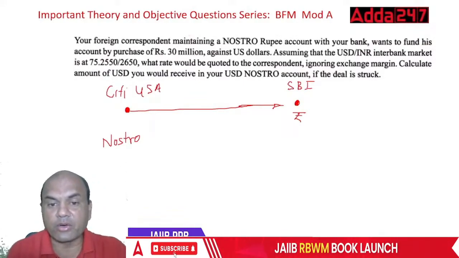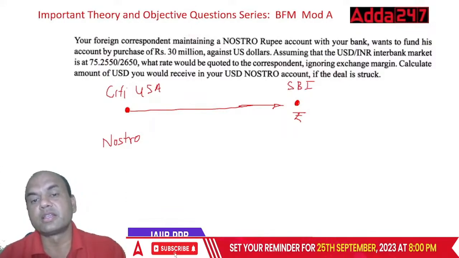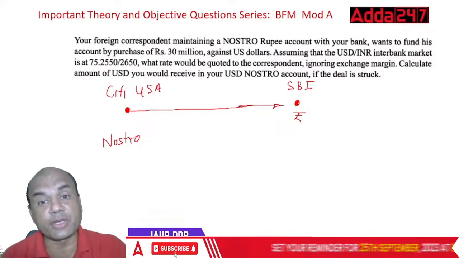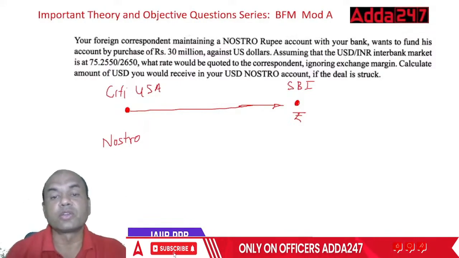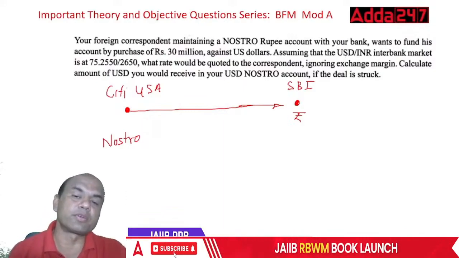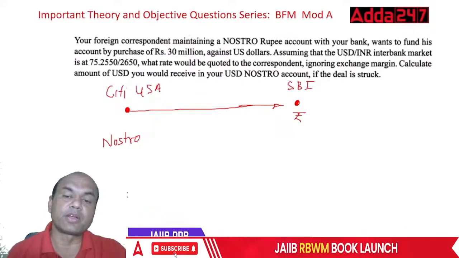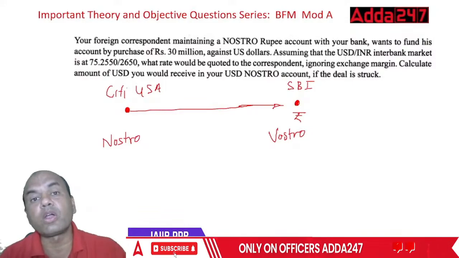And the same account in the books of SBI will be called as what? Here Citibank is maintaining an account with SBI, so it is their account with us. This will be called Vostro in case of SBI. Remember, Nostro and Vostro are not different accounts.